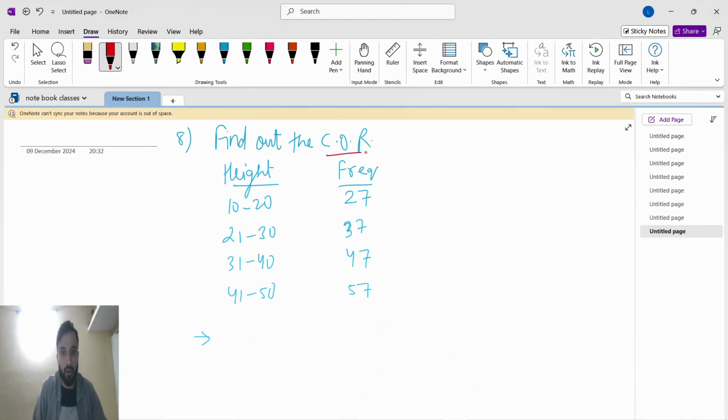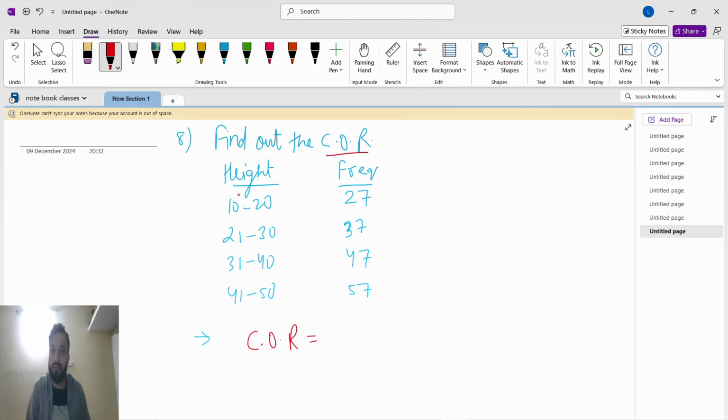Next, find out the coefficient of range, guys. We have to find the coefficient of range. This frequency distribution is given. First of all, we have to check whether it is continuous or discontinuous. We can see here 10 to 20, 21 to 30, 31 to 40, 41 to 50. Yes, this is discontinuous. So we have to convert the discontinuous into continuous, because in statistics we want only continuous.